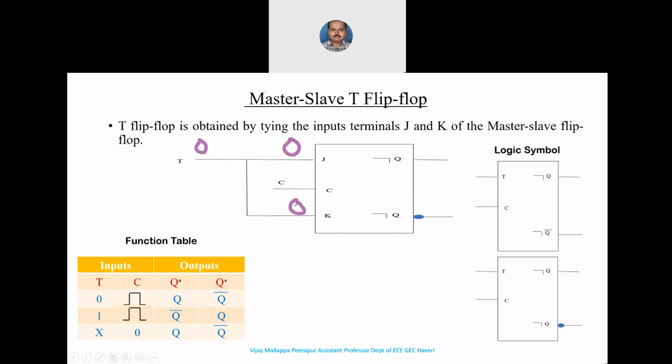When J and K are 0, what you understand by this is that the next state is equal to the previous state, right? So here we have the next state, and we have a bubble here. The next state is nothing but the previous state. If the previous state is 0, the next state is also 0. If the previous state is 1, the next state is also equal to 1.